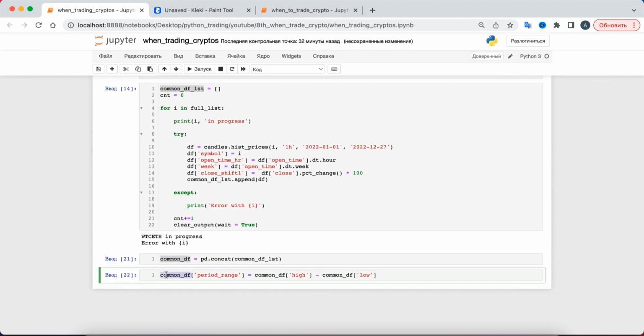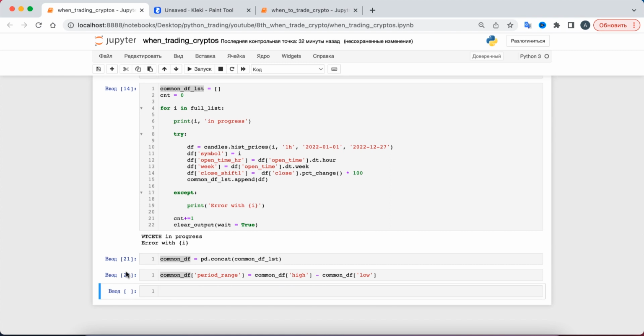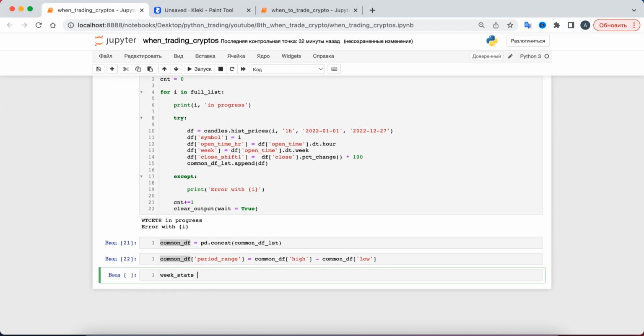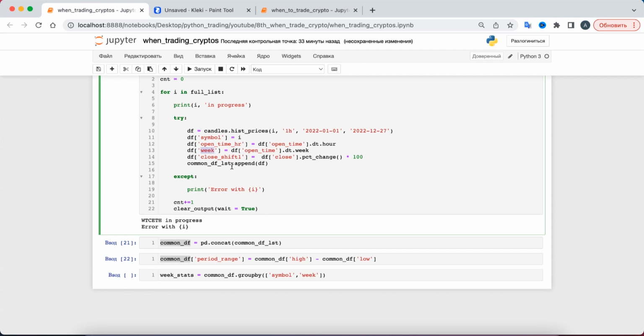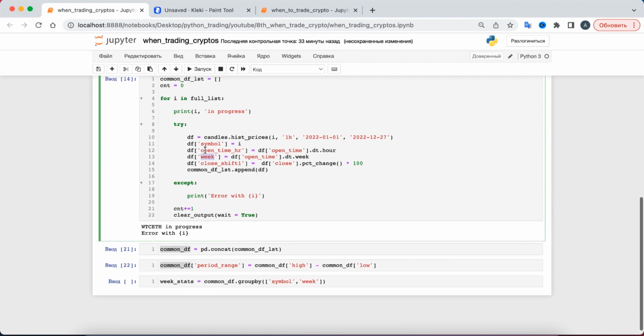Okay, done. Next step, I would like to analyze the situation from a historical perspective, and for this goal I make a group by symbol, week. We create this variable with this column in the cycle.